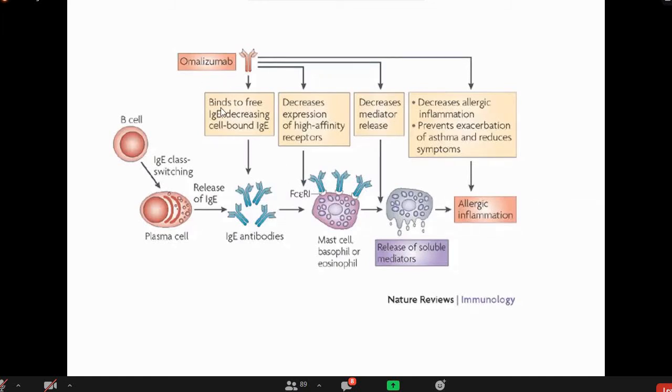So omalizumab binds to free immunoglobulin E, decreasing cell-bound immunoglobulin E, and decreases expression of high-affinity receptors on which immunoglobulin E binds. It decreases mediator release, decreases allergic inflammation, prevents exacerbation of asthma, and reduces symptoms.